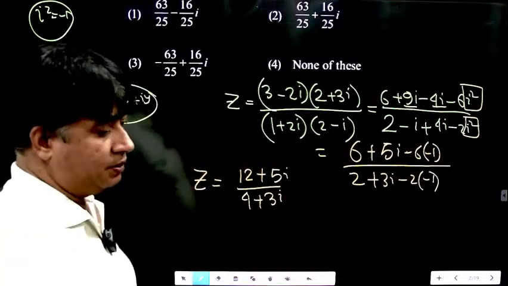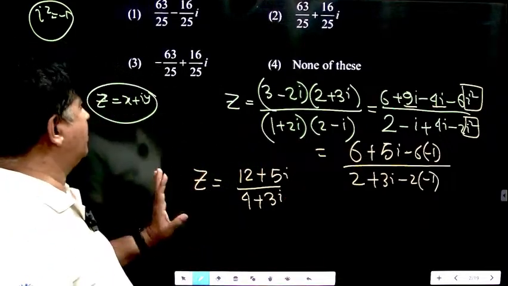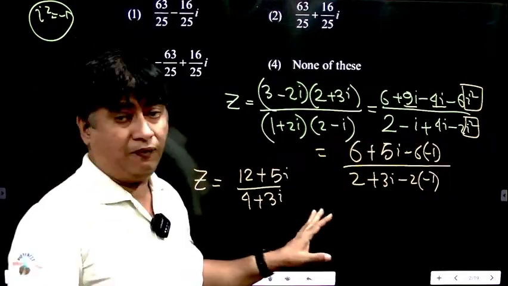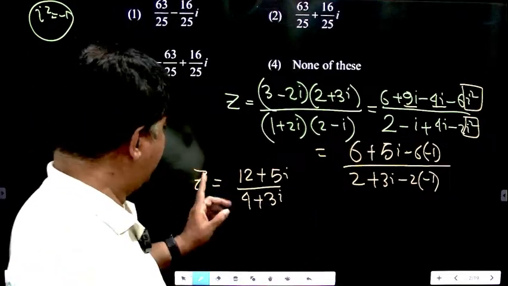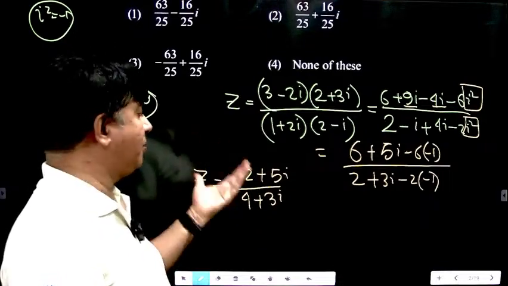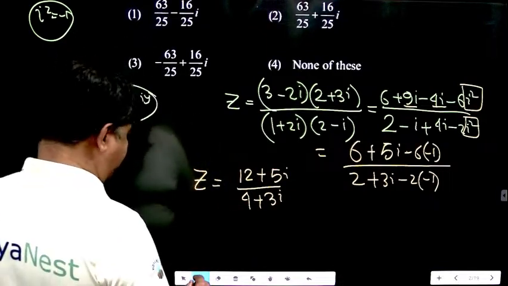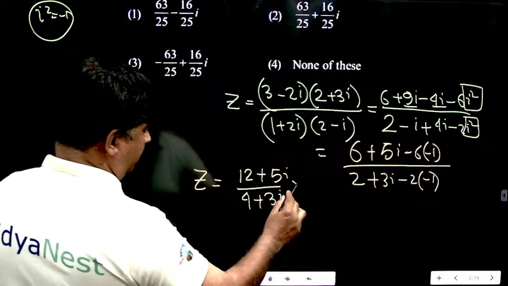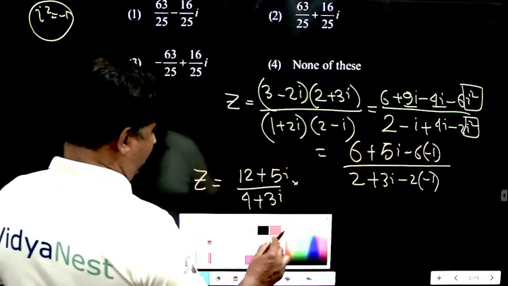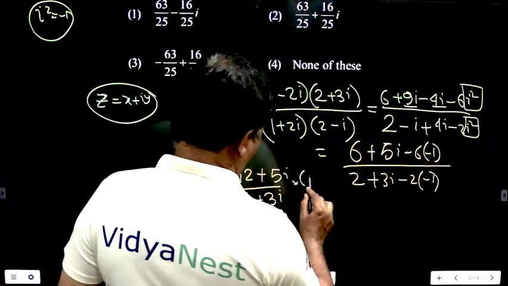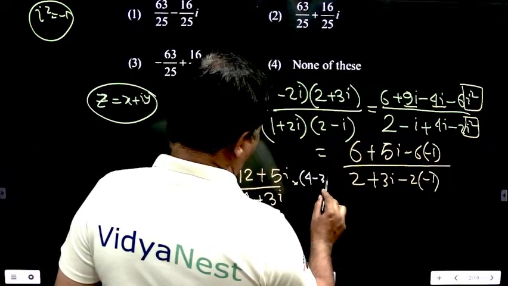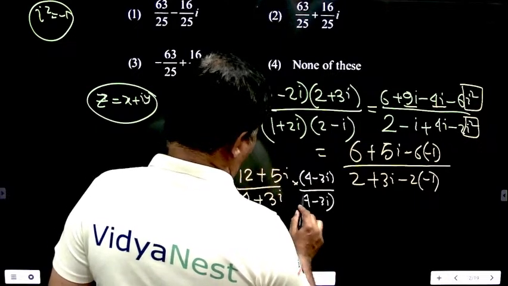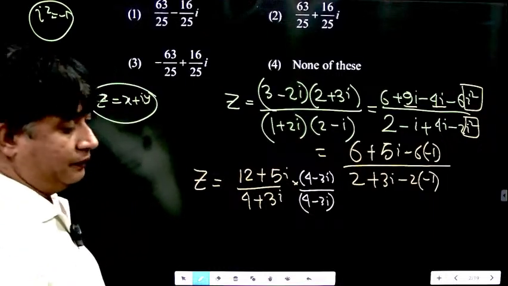That is one of the most reduced versions of this Z. Now it still has to be simplified. How? The conjugate of 4 plus 3i, which is 4 minus 3i, will be introduced in numerator and denominator. So in the numerator you write 4 minus 3i, and the denominator is also multiplied by 4 minus 3i.